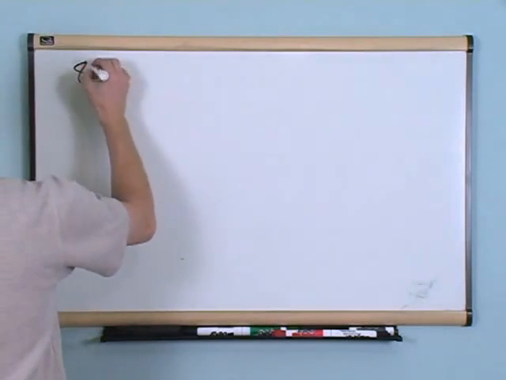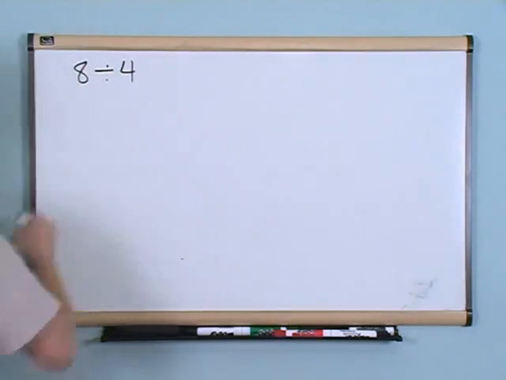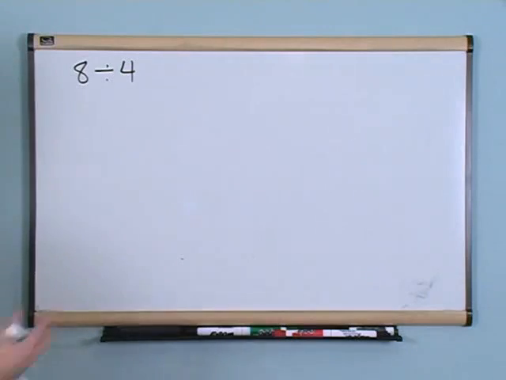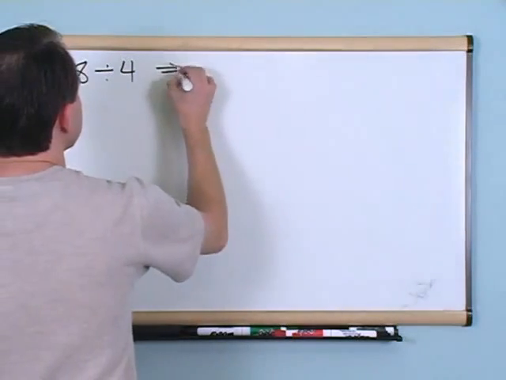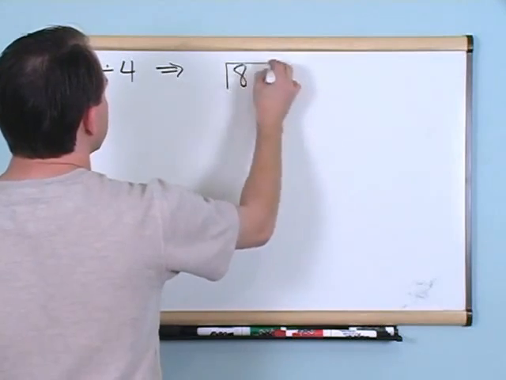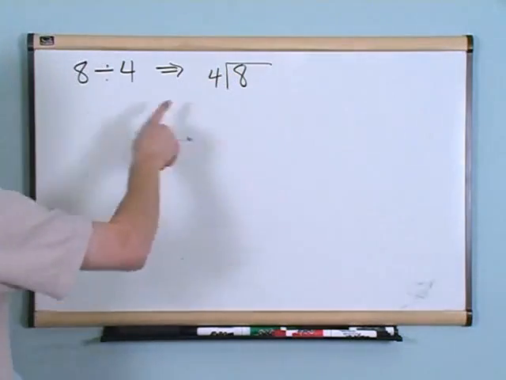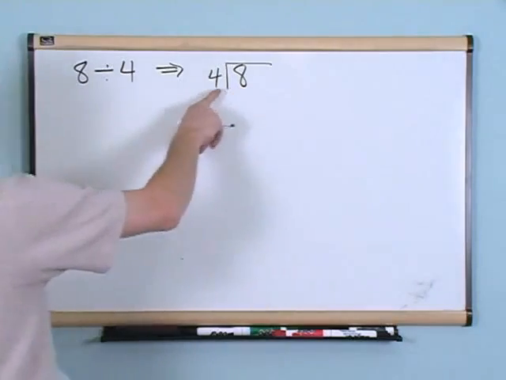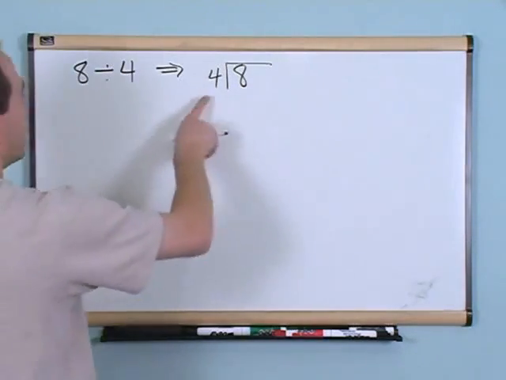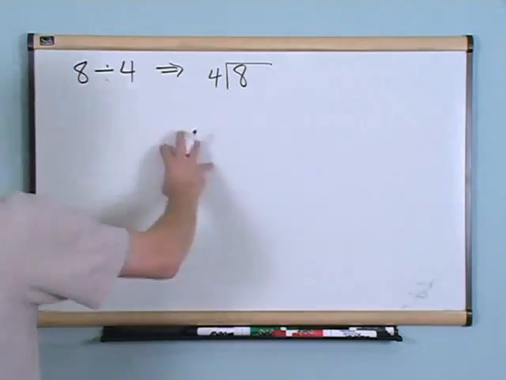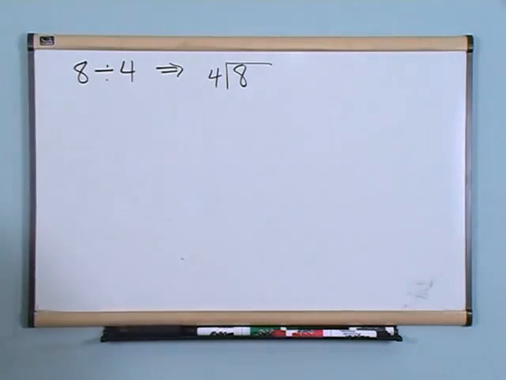So the next thing I want to do is I want to pick another problem. What if you have 8 divided by 4? Okay, what's the answer? What you're doing is you have a number, and then you want to chop that number into groups of 4 and figure out how many groups you have, okay?